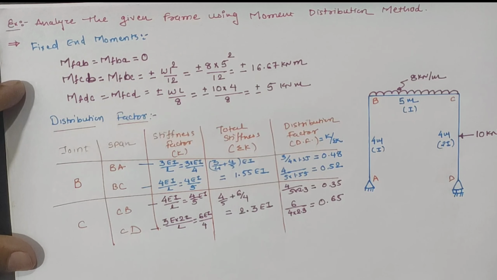After calculating the distribution factor for each joint, the first step for the sway analysis is to find out the moment at each and every joint without considering the sway.